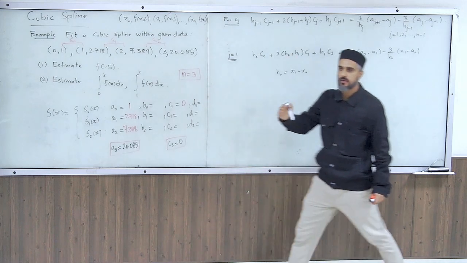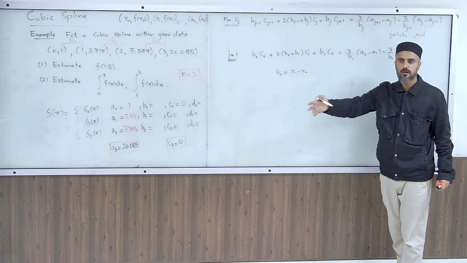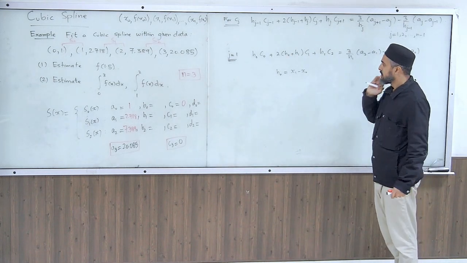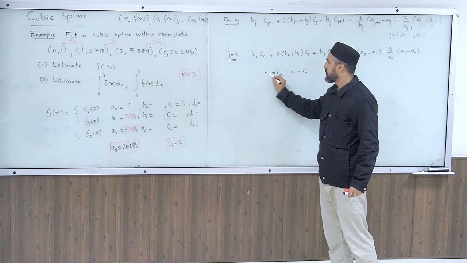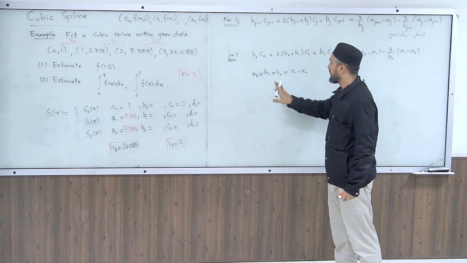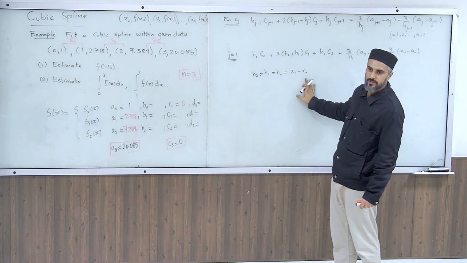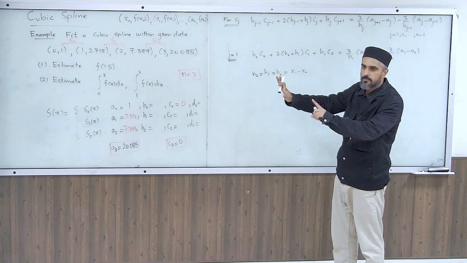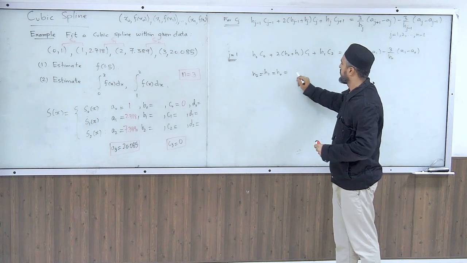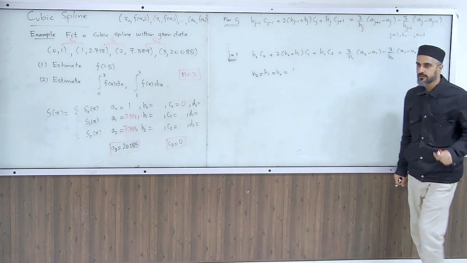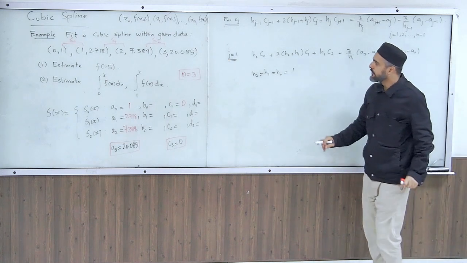So they are the same: h0, h1, h2 are all 1. In terms of value they are the same, obviously not in terms of expression, in this particular problem. They all are 1, so we got the values.